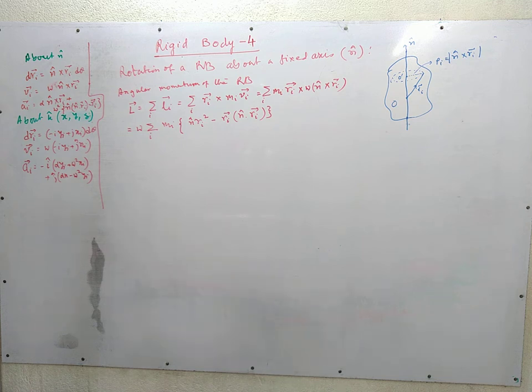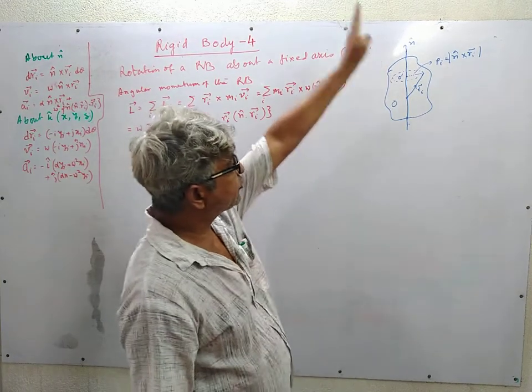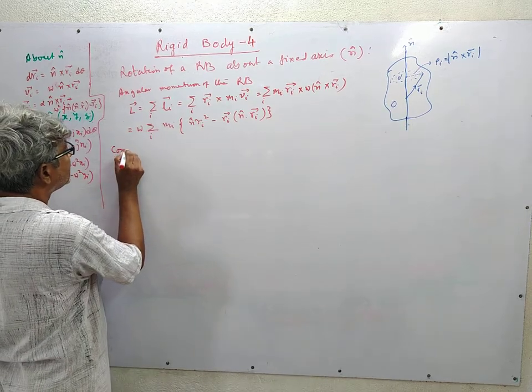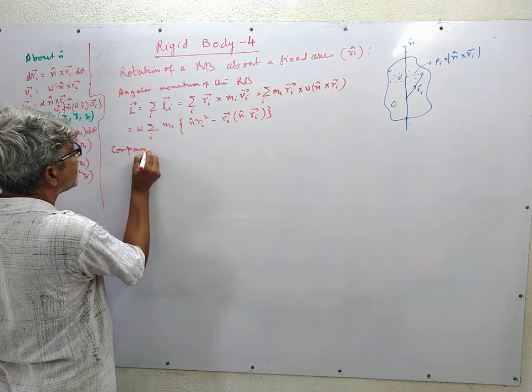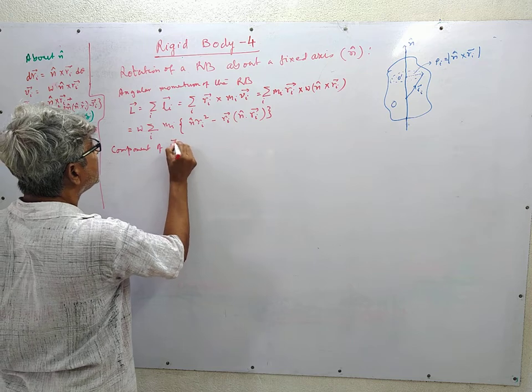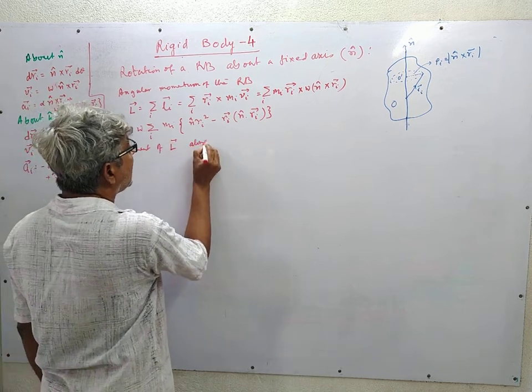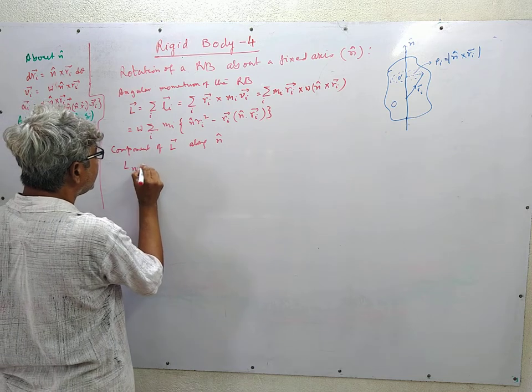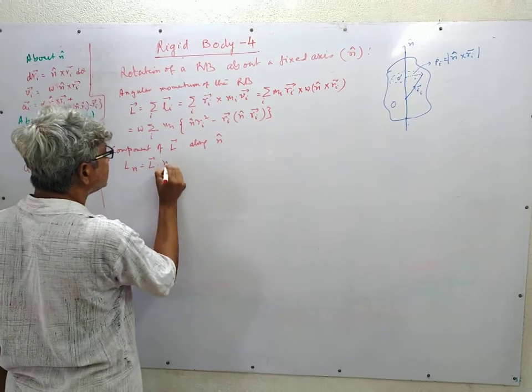If we take the component of the angular momentum in the direction of the axis of rotation, the component of L along n cap, denoted by Ln, is equal to vector L dot n cap.